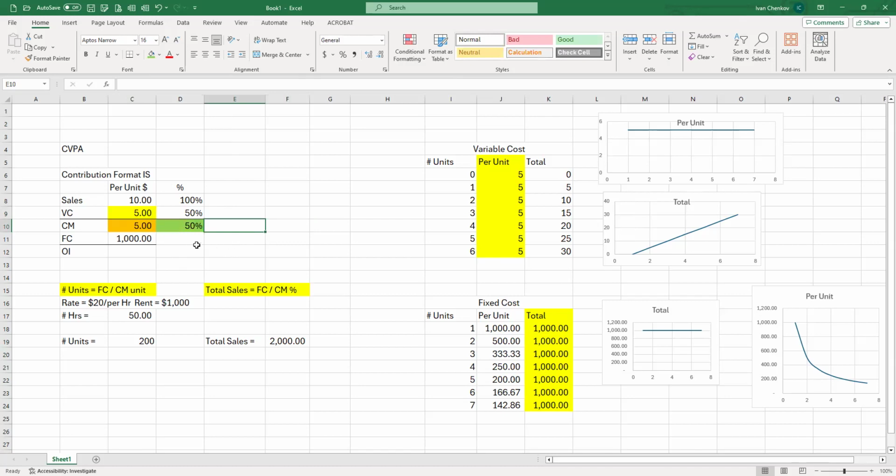Once you have those, the last thing that you need is the numerator of the formula, which is the fixed cost. So in every question, you need to find the contribution margin per unit, contribution margin as a percentage, and fixed cost, every time you see cost volume profit analysis.